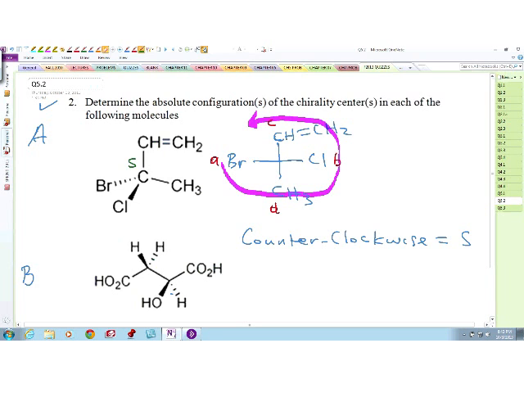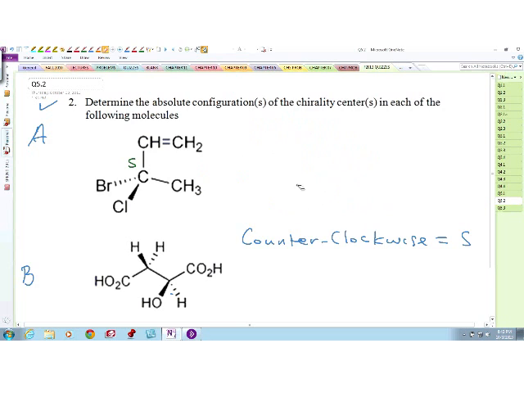Okay, so now let us do the next one here, compound B. Let me go ahead and number the carbons in this molecule. This is carbon 1, 2, 3, and carbon 4.